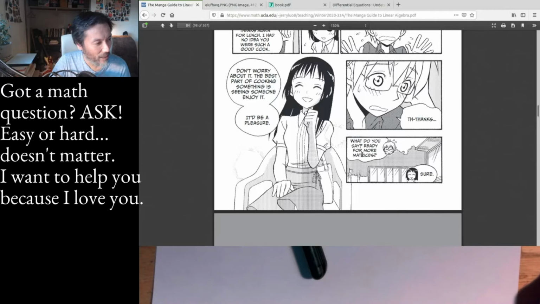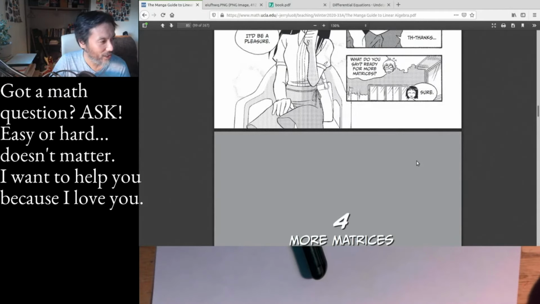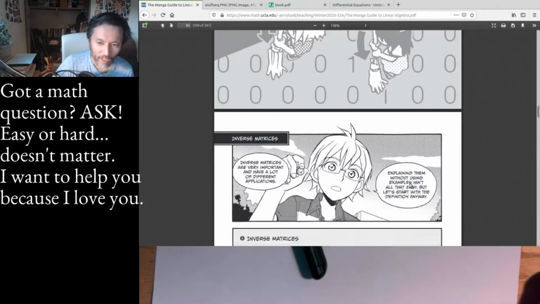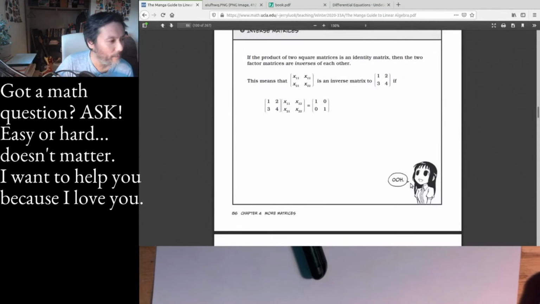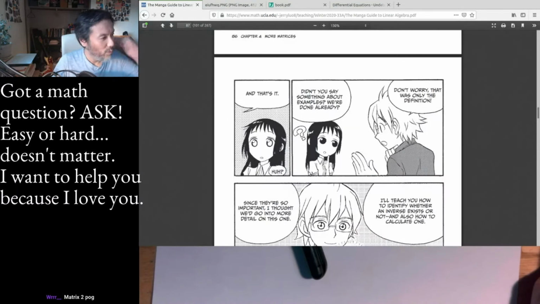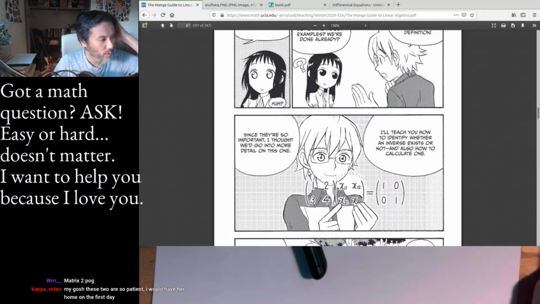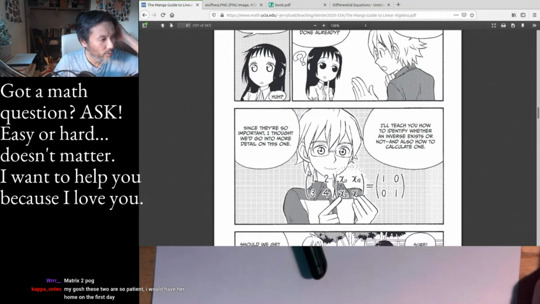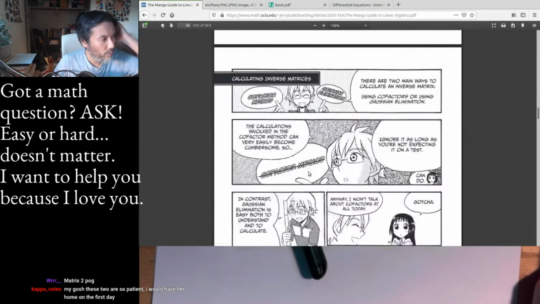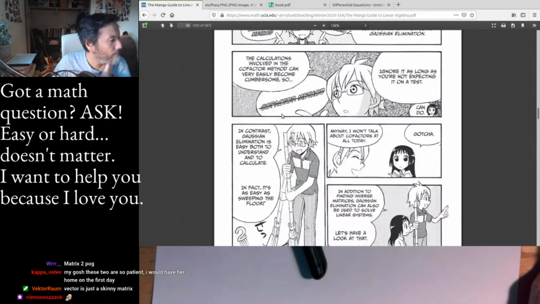What do you say? Ready for more matrices? Sure. No, they haven't been over vectors yet. It's all matrices. She's super impressed right now. Calculating inverses: Gaussian elimination and the cofactor method.